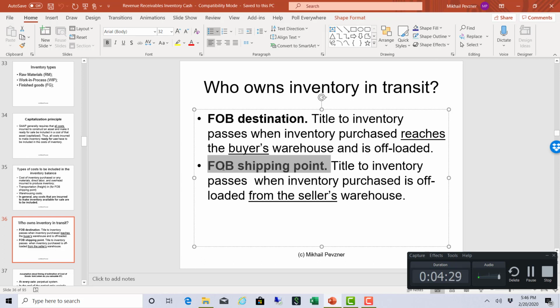So that means in transit, the goods are owned by the seller. So freight costs are not capitalized by the buyer because the buyer doesn't pay them. With FOB shipping point, as already mentioned, the goods are owned by the buyer of the inventory, and therefore they capitalize the cost of transportation, the freight in.